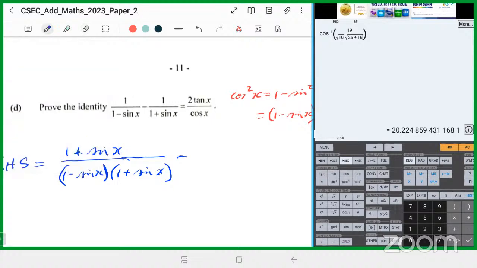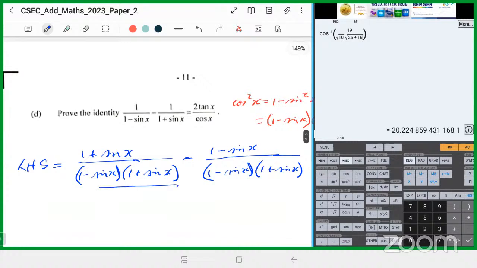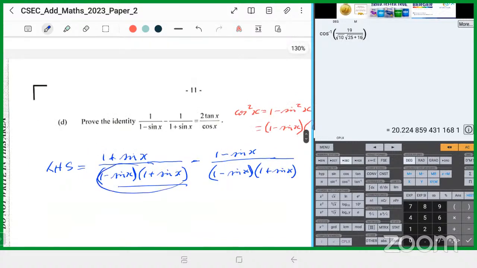So this one becomes 1 minus sine x over the product of 1 minus sine x and 1 plus sine x. And this is, as I said, the difference of two squares, so the denominator becomes cos squared, as you can see.